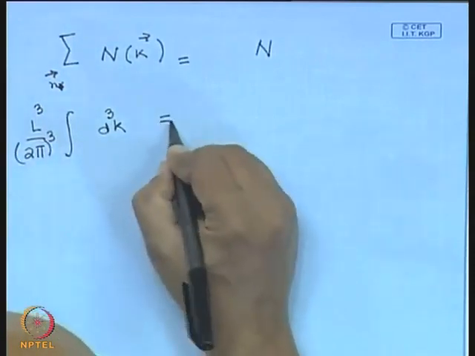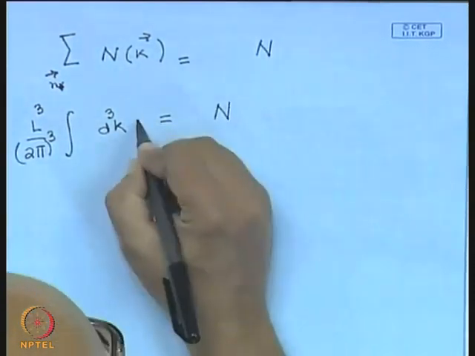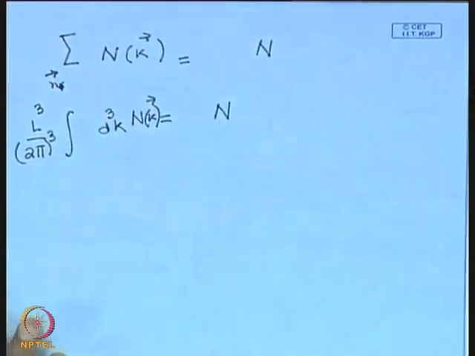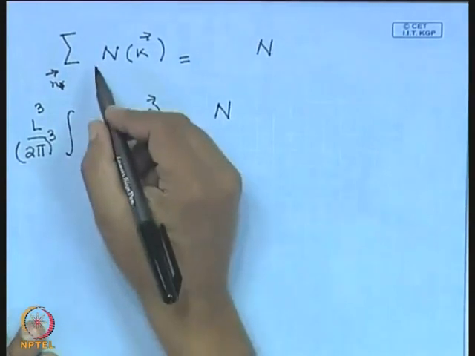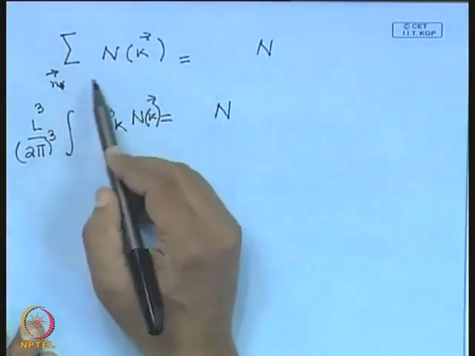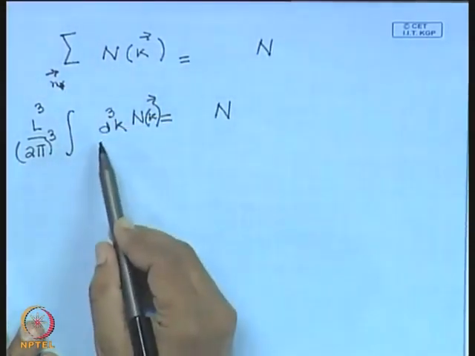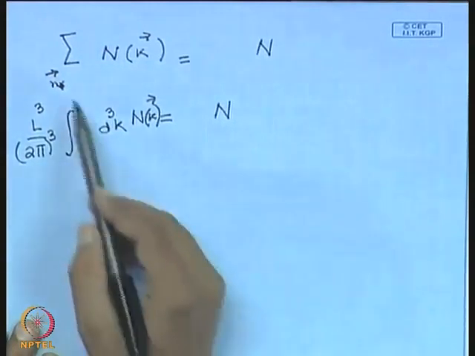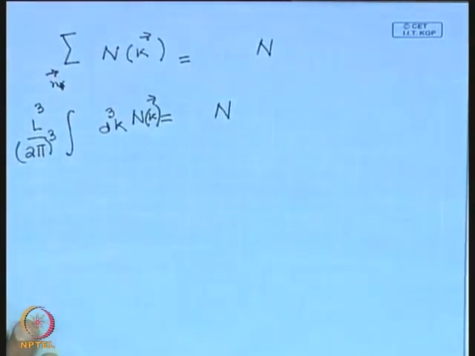This should be equal to the total number of particles. So in the continuum limit, L becomes extremely large, the spacing between the k's becomes small, and I can write the same sum as an integral like this.